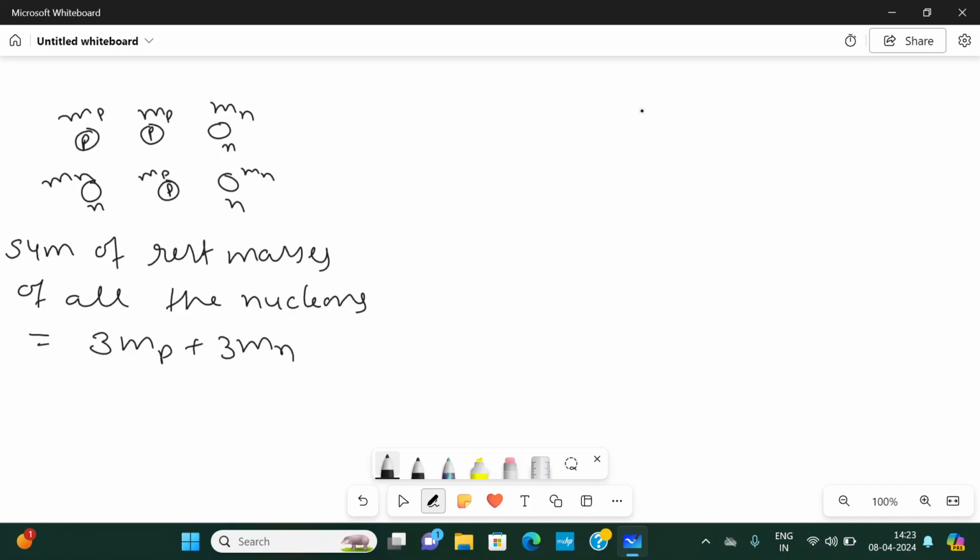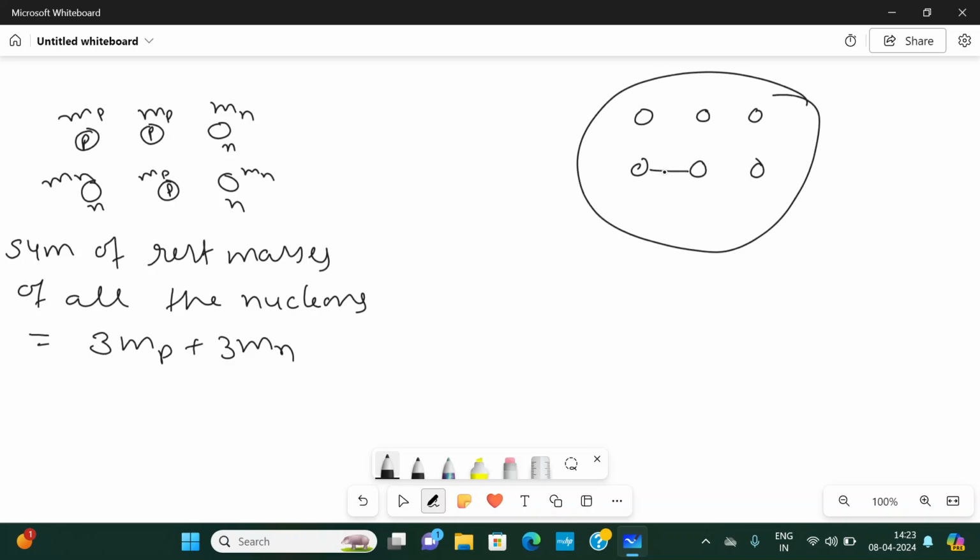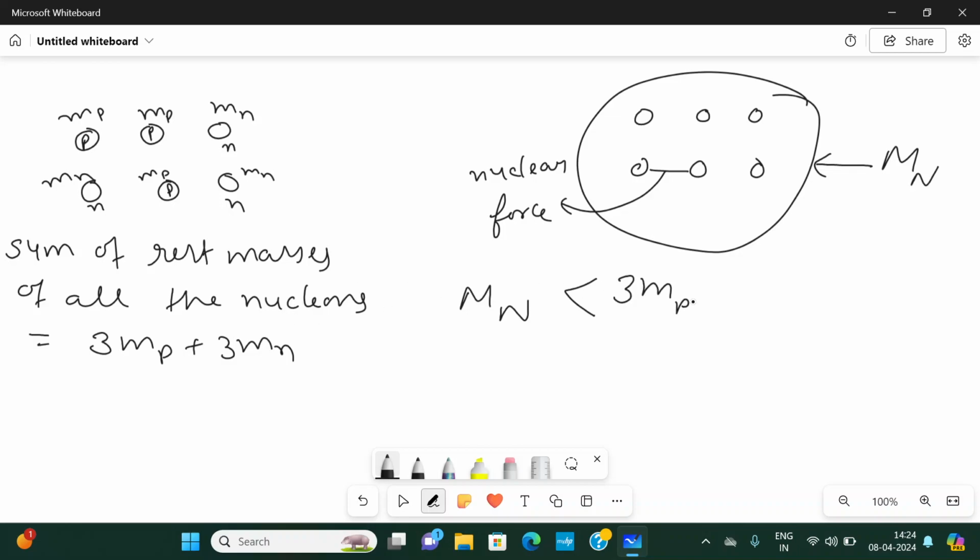In the second situation, these nucleons are brought together to form a nucleus. In this situation, they are bound with nuclear force. Overall, this nucleus has mass Mn. It was found that the actual rest mass of the nucleus is less than the sum of rest masses of all the nucleons.